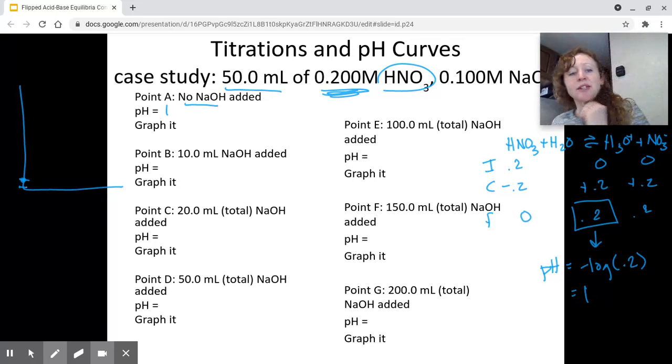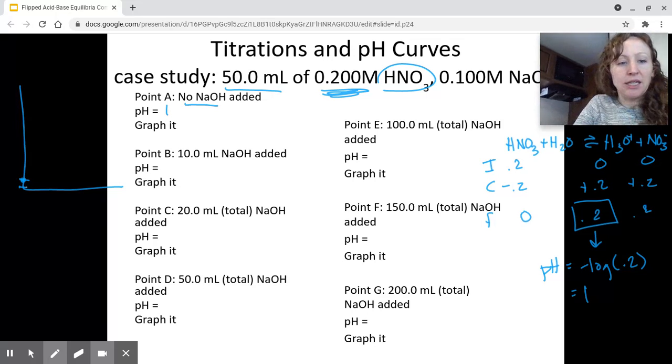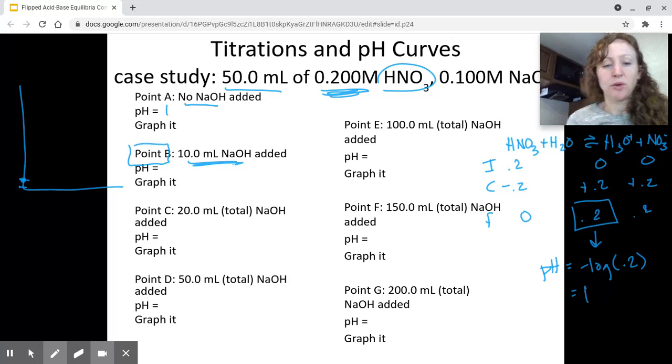Okay, now I get to point B. I'm going to add some NaOH in here. So my reaction has to change, right? I no longer have just acid present, so I need a totally different reaction. I have nitric acid present, I have sodium hydroxide present.